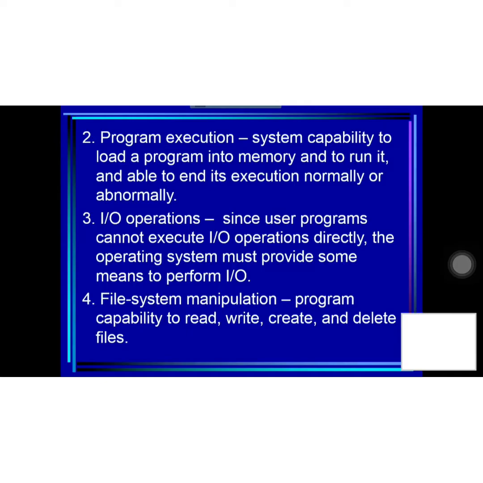Finally, some operating systems include permissions management to allow or deny access to files or directories based on file ownership. Many operating systems provide a variety of file systems, some to allow personal choice and some to provide specific features or performance characteristics.